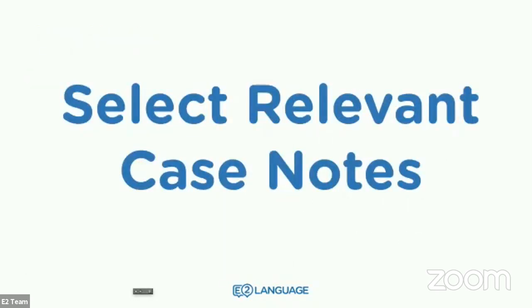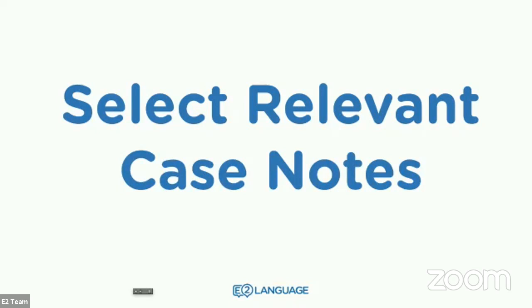Good. Fine. Now that we've read the task and we're clear on who we're writing to, the type of letter, why we're writing, and whether or not the recipient knows the patient, we can start to think about selection of relevant case notes.